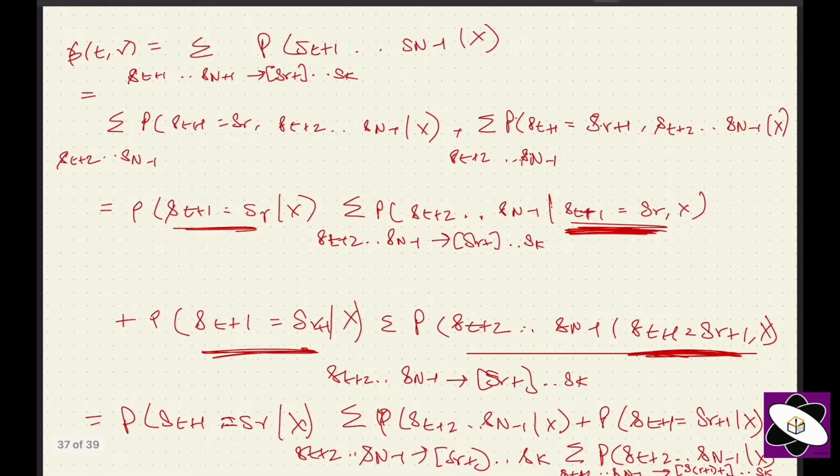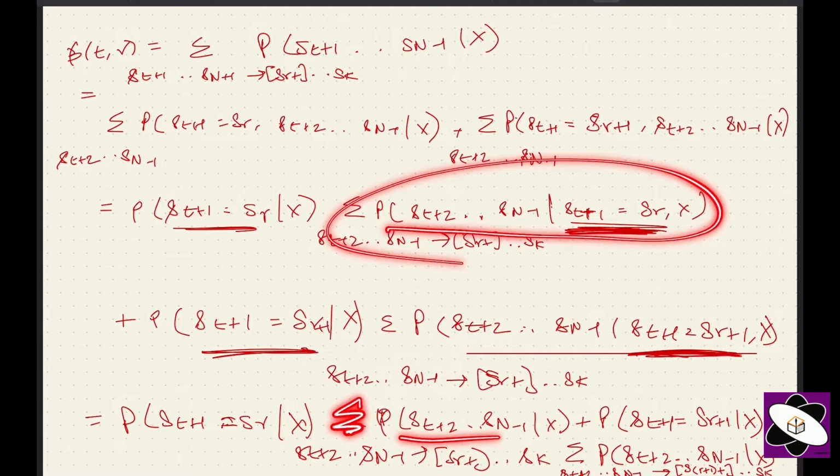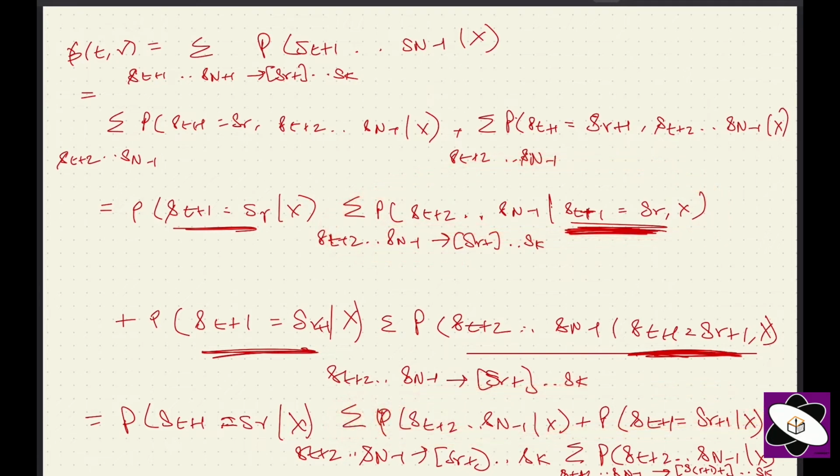Now what happens is, s_{t+1} is equal to Sr given x, we can just take this into this, whatever all those terms in the same thing, we have that, and then we will multiply that with this thing, because we are taking common term.